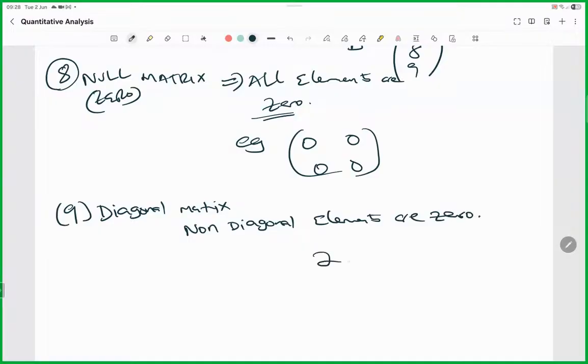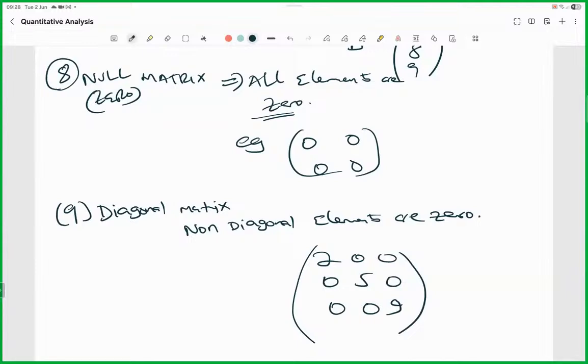For example, if you have 2, 0, 0, then 0, 5, 0, then 0, 0, 9. This one cannot be a scalar because for a scalar, it's 2, 2, 2, 2. These are different, but you can see the non-diagonal elements, all of them are 0. It will be very important for you to appreciate that.